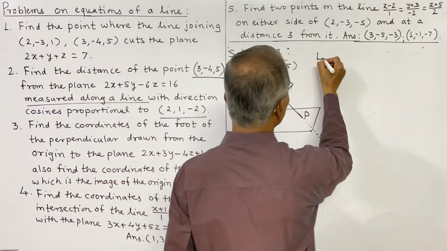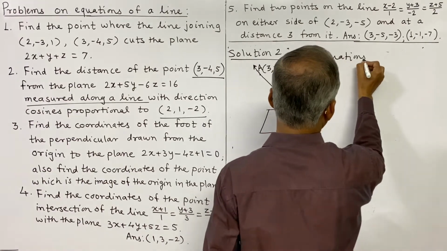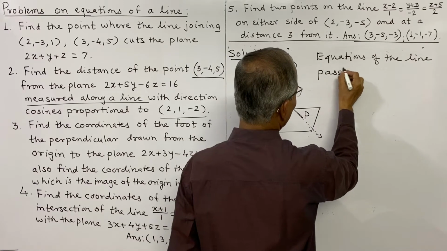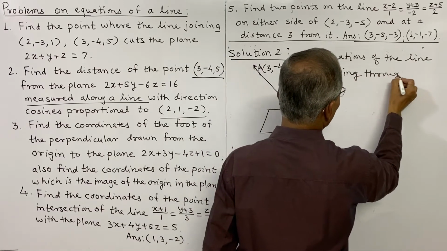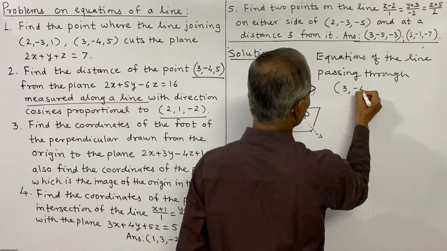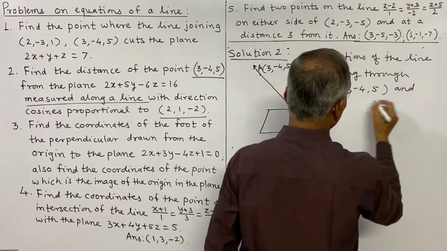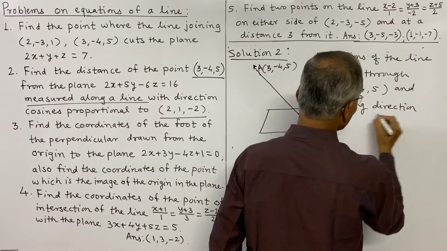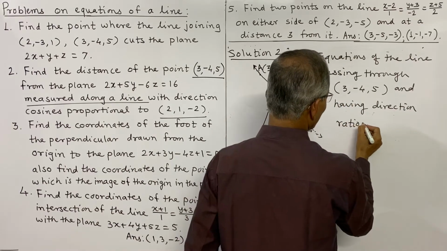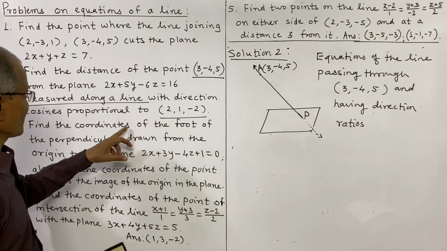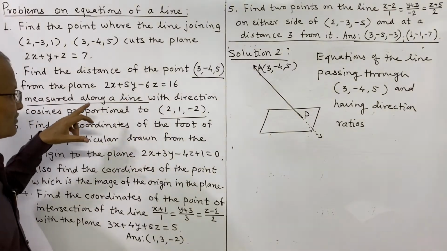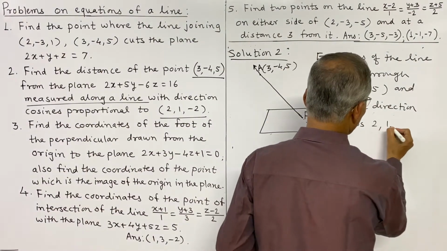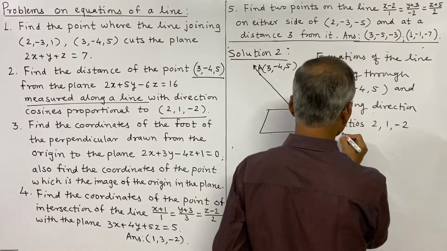So we will write the equations of the line passing through the point 3, minus 4, 5 and having direction ratios. Actually, these are given direction ratios and not cosines, because these are proportional. Direction cosines proportional to direction ratios. Direction ratios are 2, 1, minus 2.